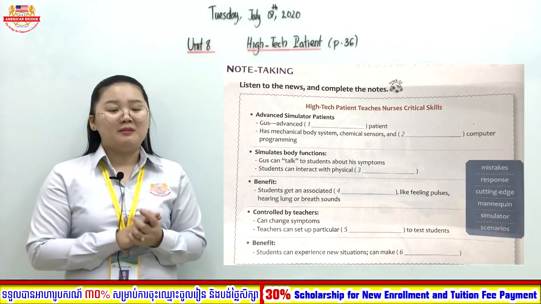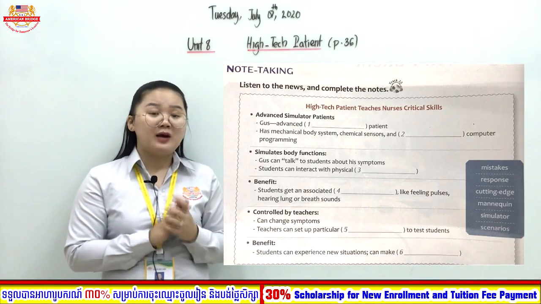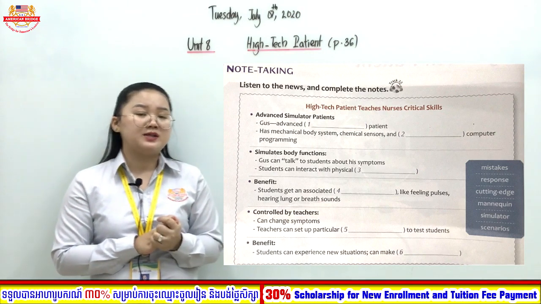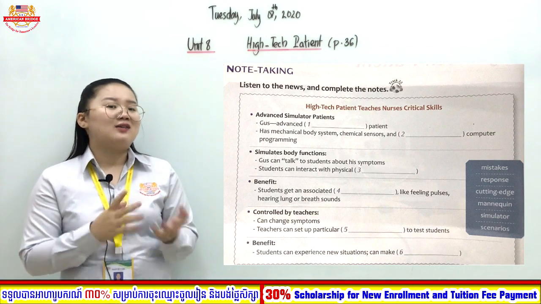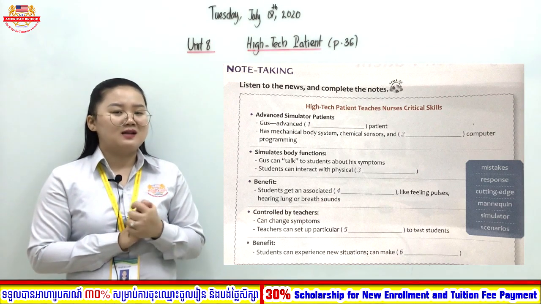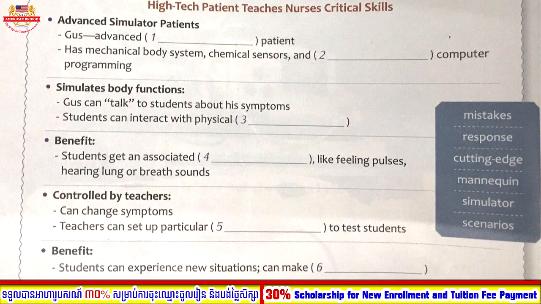So everyone, I believe that you have finished listening to the track already. So did you get the answer, everyone? Alright, so right now let's compare the answer with me. So HighTech Patient teaches nurses critical skills. Advanced Simulator Patient, Gus. So that HighTech Patient, his name is Gus, right?